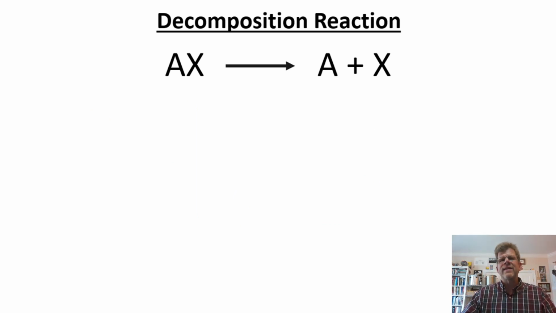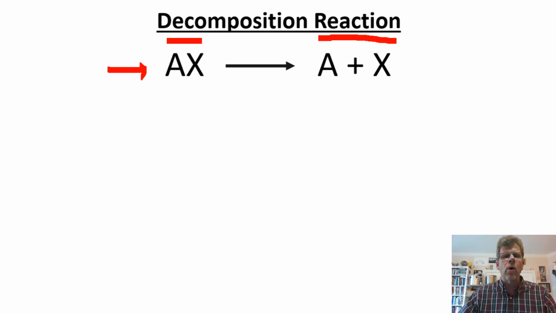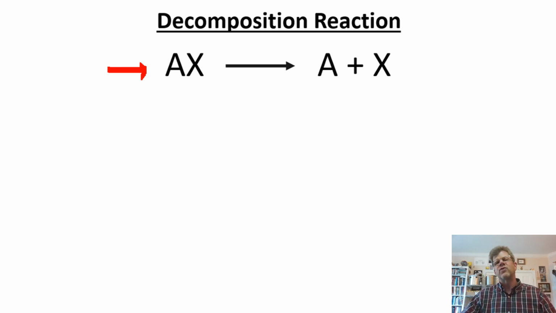The next one, a decomposition reaction. Now look at the way this is set up. This is exactly the opposite of what we looked at before in our combination reaction. In fact, if I turned around the reactants and products from the previous slide, I would have a general decomposition reaction. So here we are starting with one particular reactant, and clearly in the end we have two different separate products. The reactant has decomposed into these constituent products.